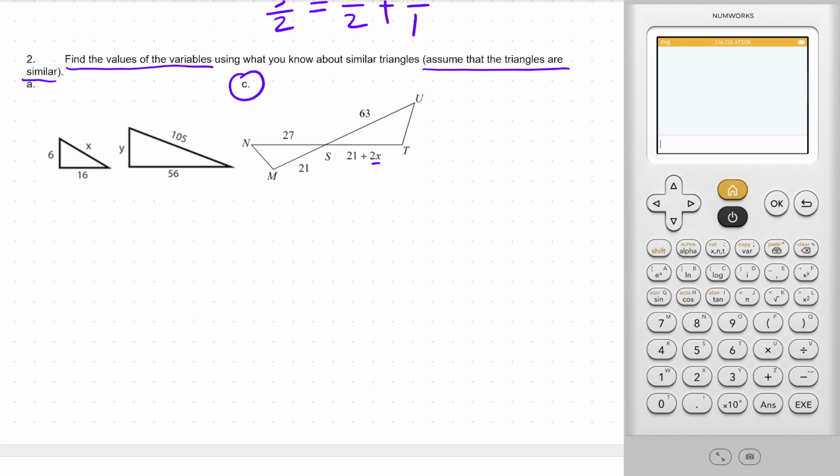Solving for x. Okay, so first of all, since you're assuming that the triangles are similar, we want to go ahead and figure out which sides correspond with which sides. Well, we'll recognize that those two angles must be the smallest. Let me set up some different colors here.